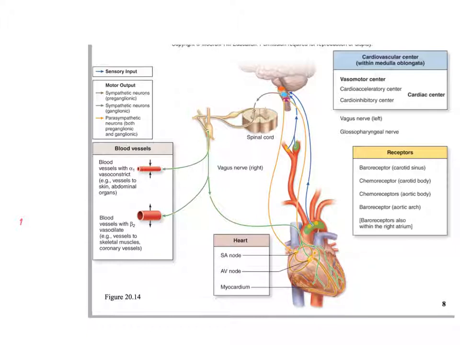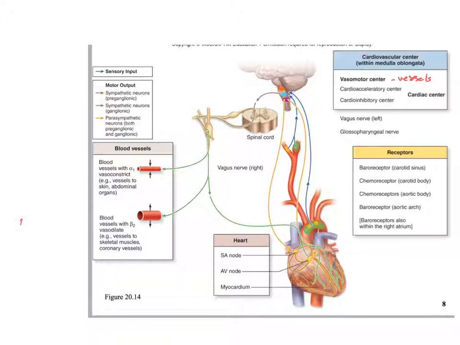The vasomotor center, what do you think it does? Vaso refers to what? Vessels. And what part of the vessels can contract and move? Smooth muscle, right?